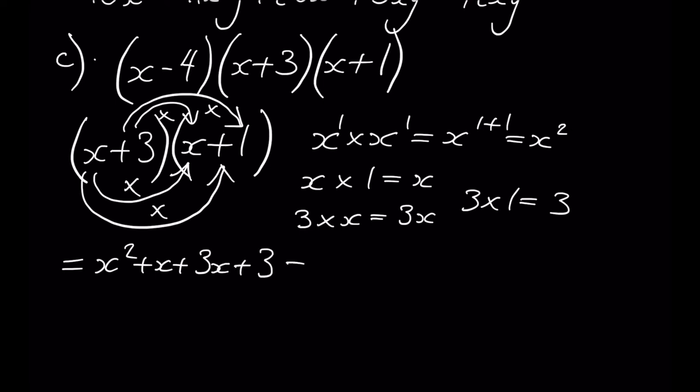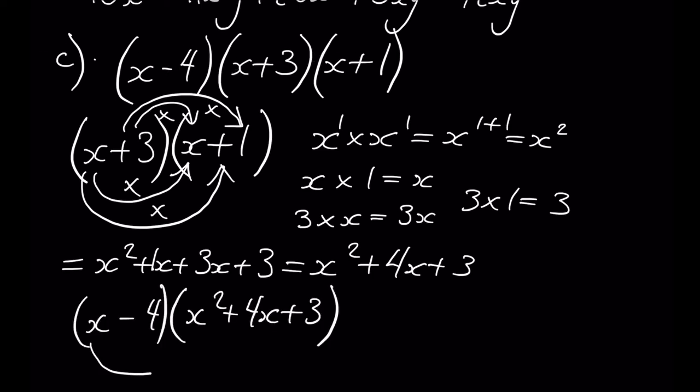And this simplifies because the 1 here and this 3 both have coefficients multiplied with the same variable. So 1 plus 3 is 4, so this simplifies to x squared plus 4x plus 3. And as a result, we can rewrite this whole thing. We can rewrite x minus 4 times x plus 3 times x plus 1.